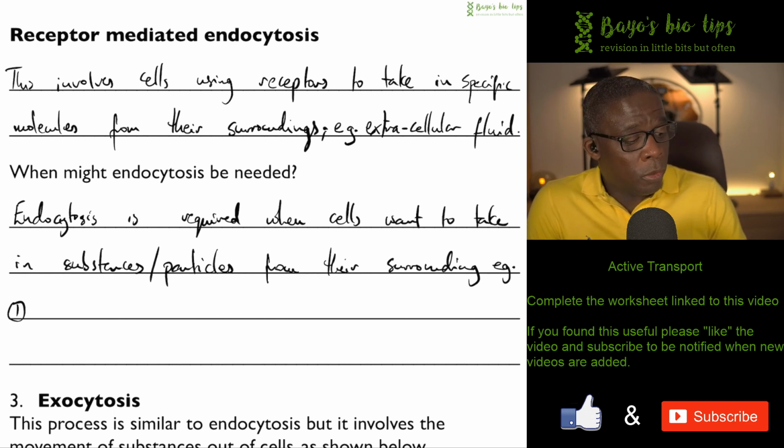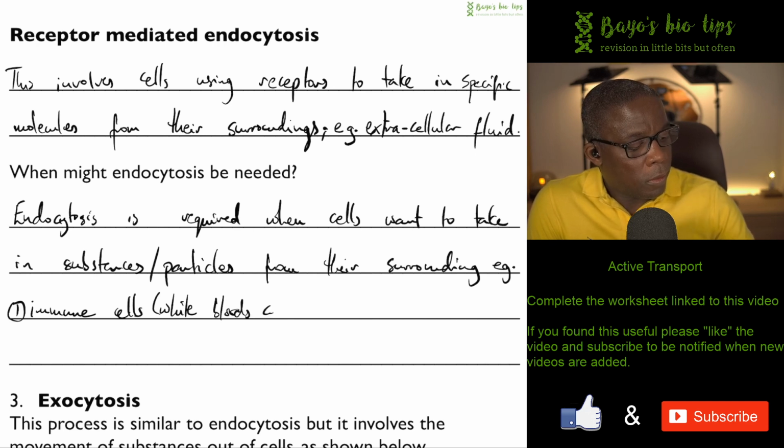So one example is when immune cells engulf pathogens from their surroundings. So immune cells, white blood cells, white blood cells ingesting pathogens.